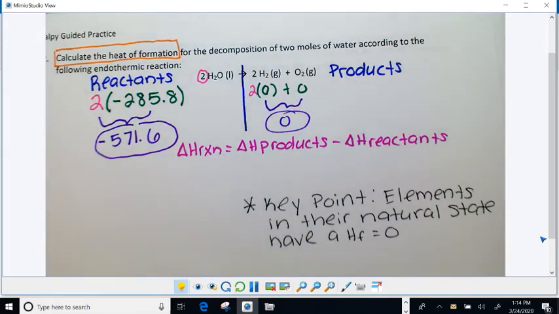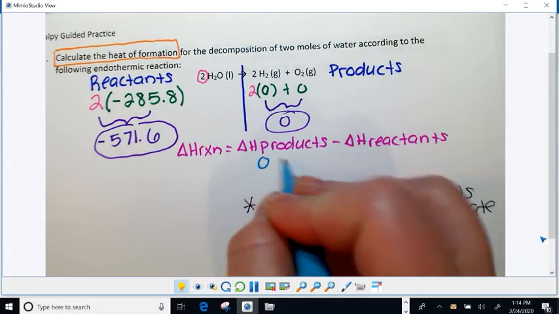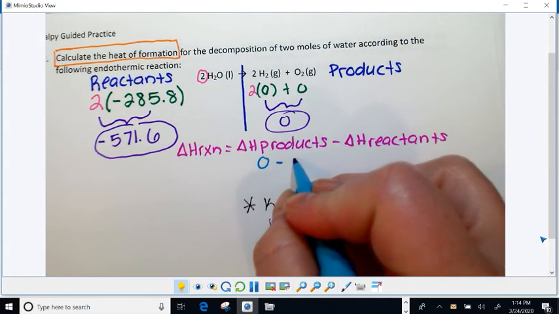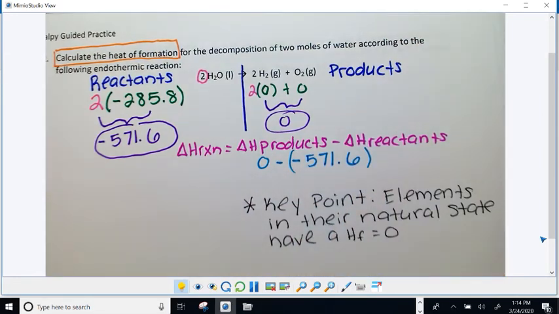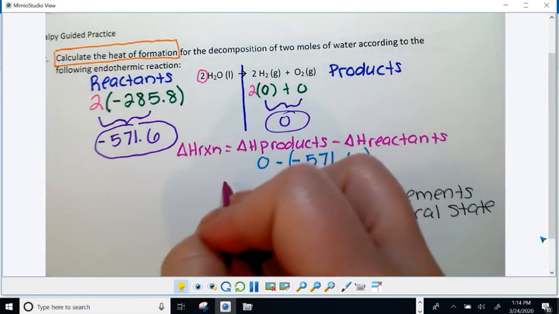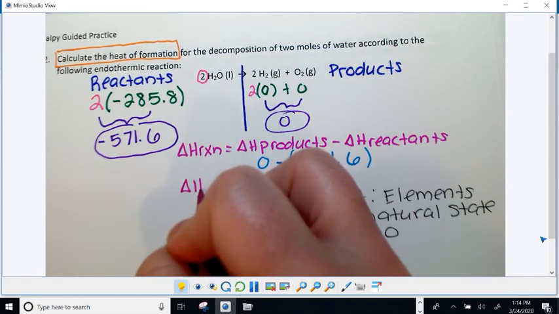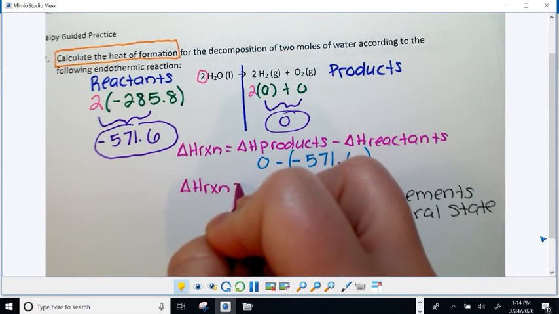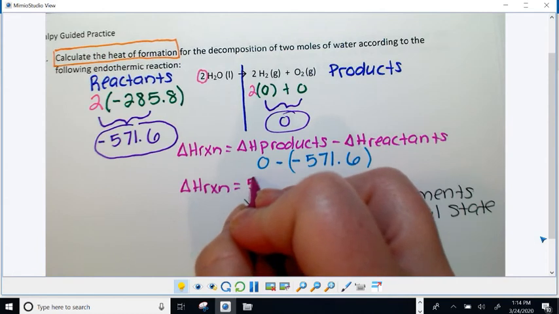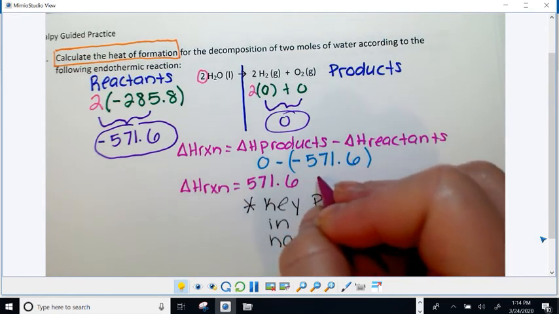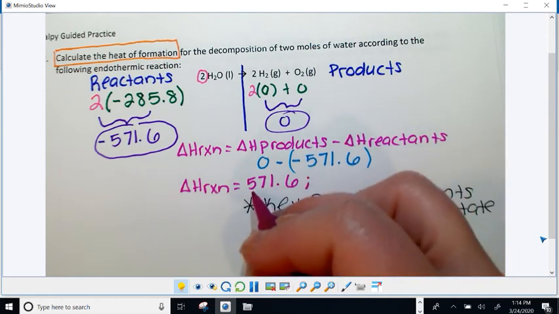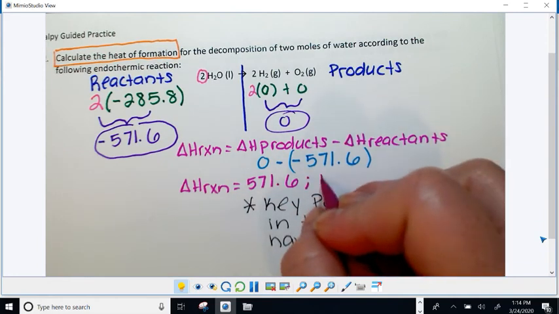So therefore, we get our products, which is 0, minus our reactants, which is negative 571.6. The delta H of the reaction is equal to positive 571.6, which means that this is positive, not negative. We had to add heat, so that is endothermic.